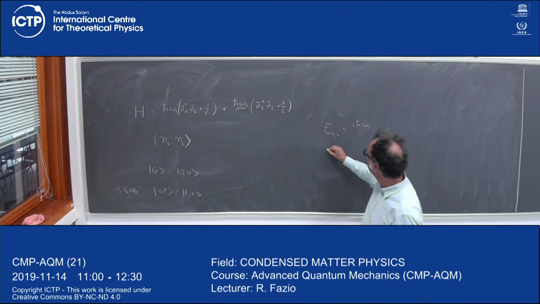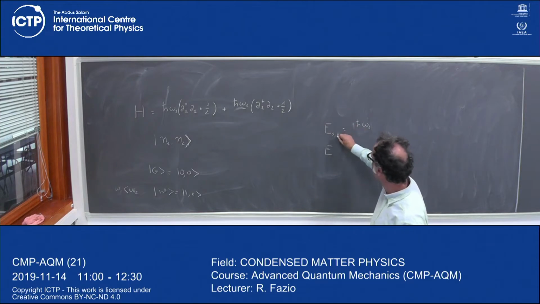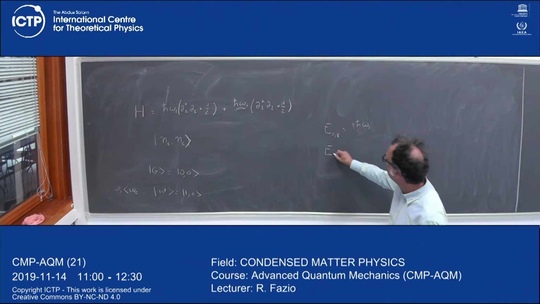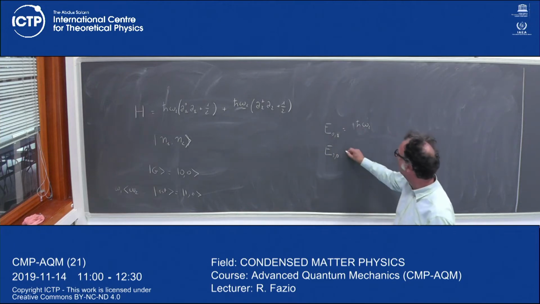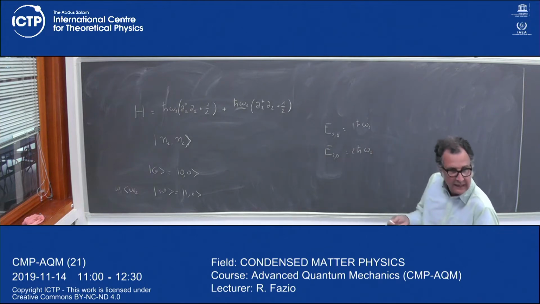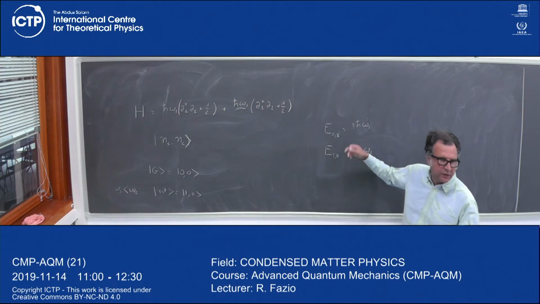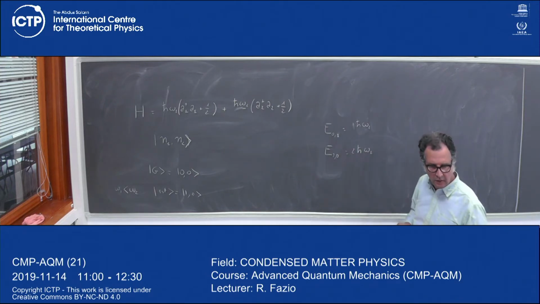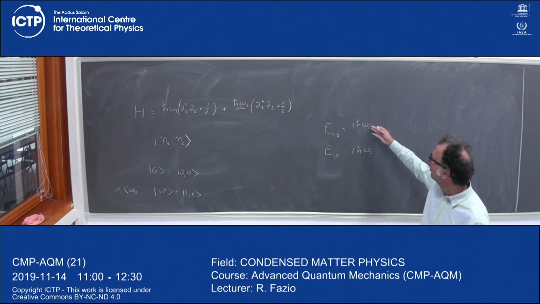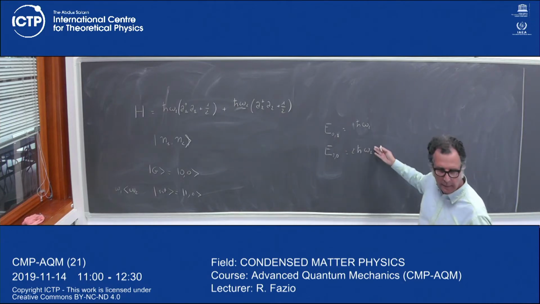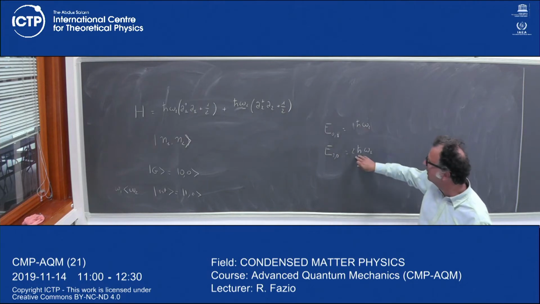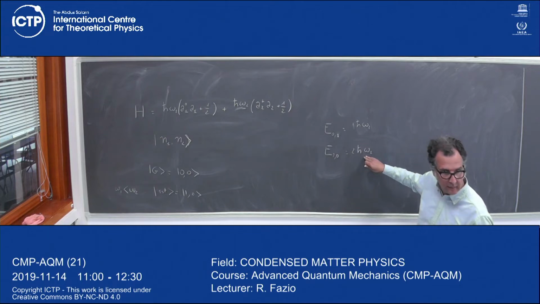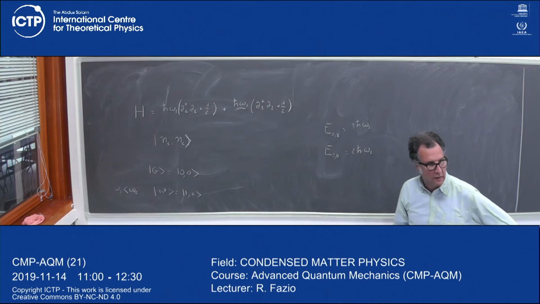Then I take 2, 0, and this is 2 h bar omega 1. These are the candidates, because if you solve the problem for larger n, then okay. And then you say, is this bigger than this or not? So when omega 2 is larger than 2 omega 1, this is the second excited state. Otherwise, it's the opposite.